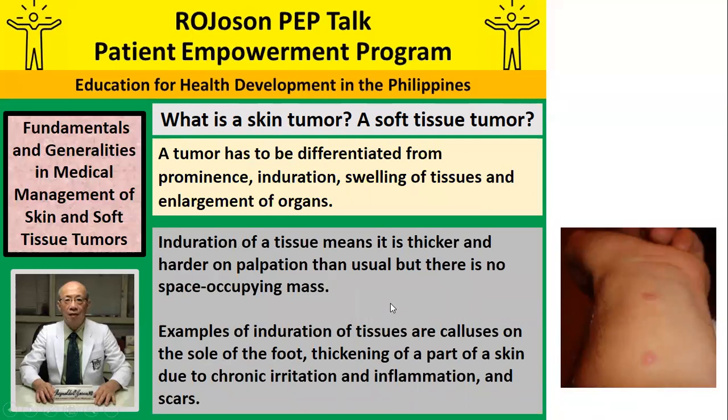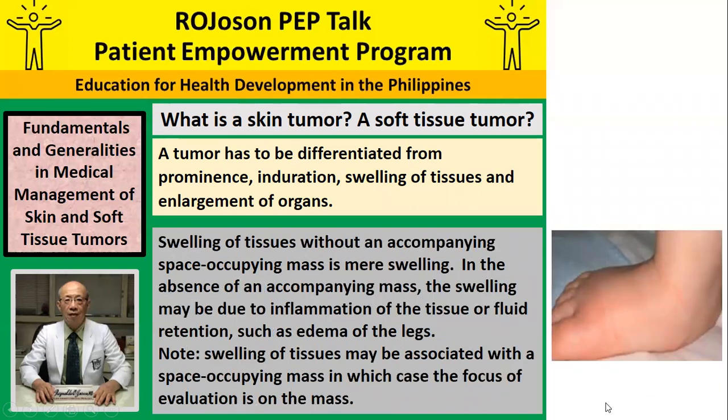Induration of a tissue means it is thicker and harder on palpation than usual, but there is no space occupying mass. Examples of induration of tissues are calluses on the sole of the foot, thickening of a part of the skin due to chronic irritation and inflammation, and scars.